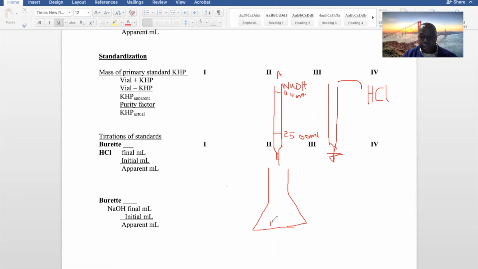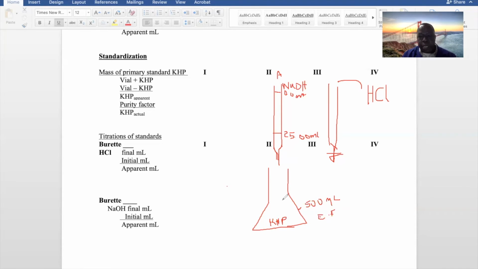You are to titrate this sample of KHP, known mass. Remember, it's known mass of KHP for trial one. This is the 500 ml flask, and of course, you have the indicator and 75 to 100 ml deionized water.